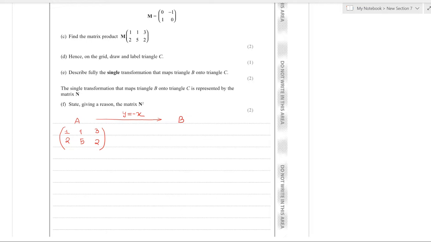The first point for triangle B would be (-2, -1). The second point would be (-5, -1). And the last point would be (-2, -3).